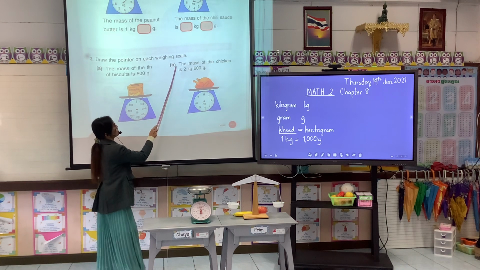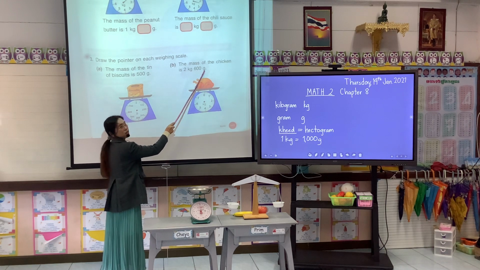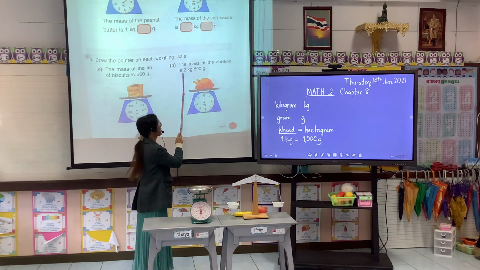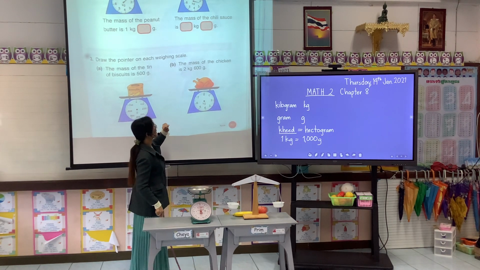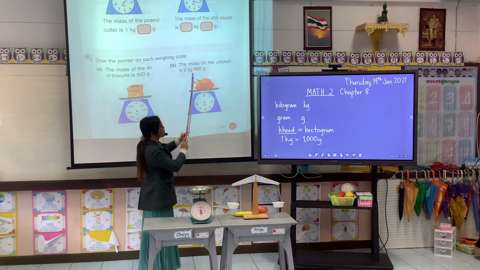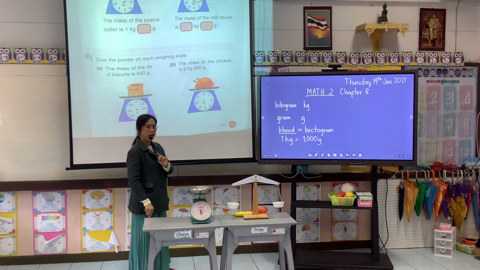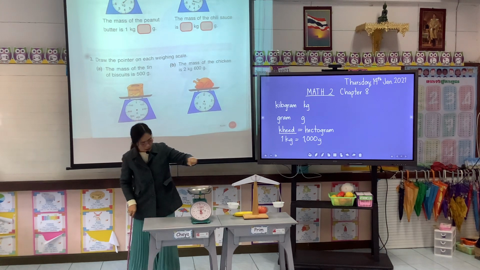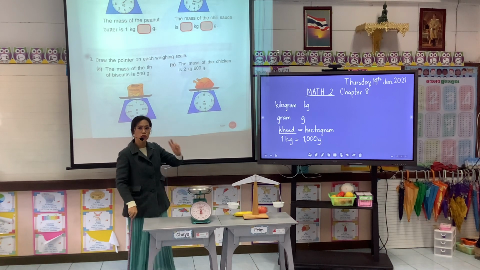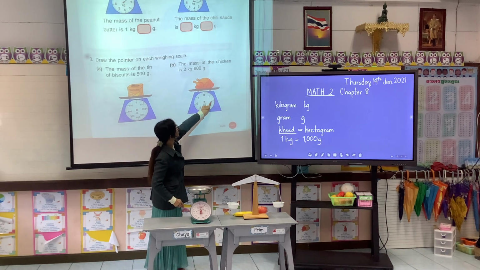Letter B. The mass of the chicken is 2 kilograms, 600 grams. So more than 2 kilograms. Again, draw your pointer pointing at 2 kilograms, 600 grams. Now, don't be confused. Do not draw 2 pointers. A spring scale has only one pointer, unlike the clock. Don't draw 2 pointers, only 1 pointer. So that is 2 kilograms.